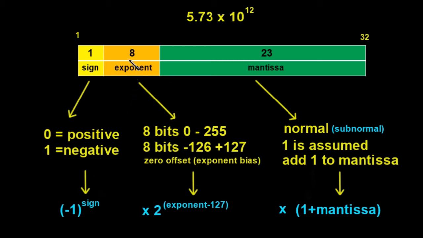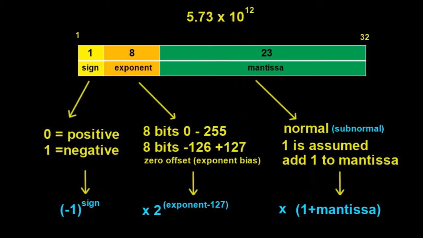Now let's look at the exponent. The exponent has got 8 bits. If you have 8 bits, you're able to represent numbers between the values of 0 and 255. So this means the exponent can be a number between 0 and 255. But what if we wanted to represent fractional numbers?